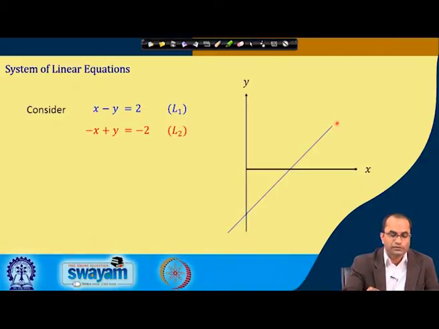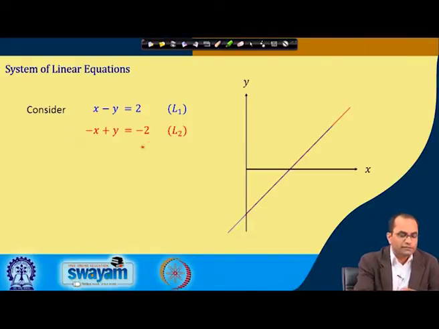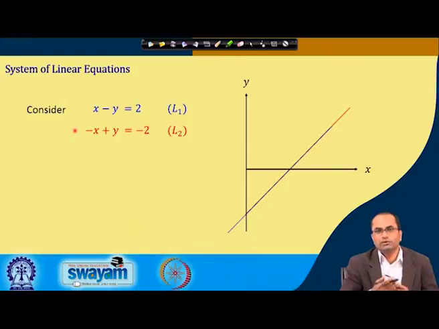Now if we draw minus x plus y is equal to minus 2, we get the same line, because if we multiply the second equation by minus 1, we get the same equation. So, these are not two different equations; we have only one equation, and therefore we get this line.